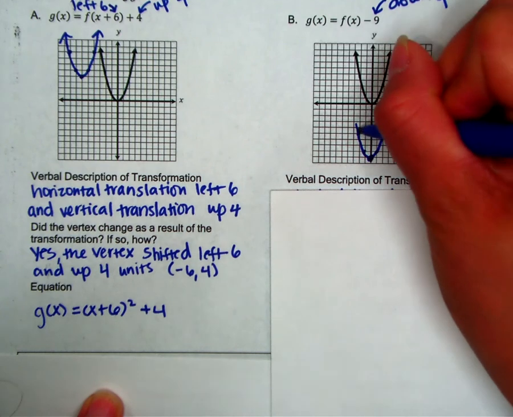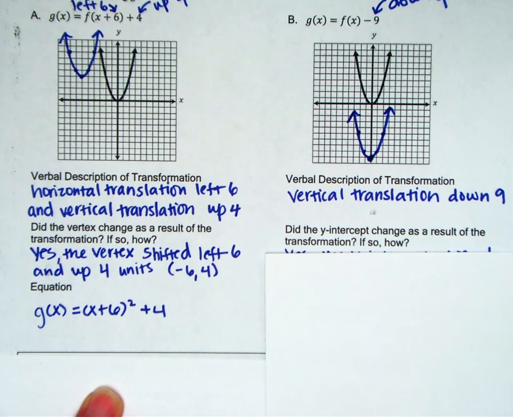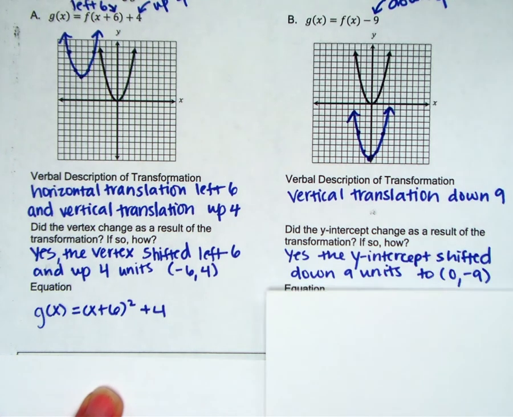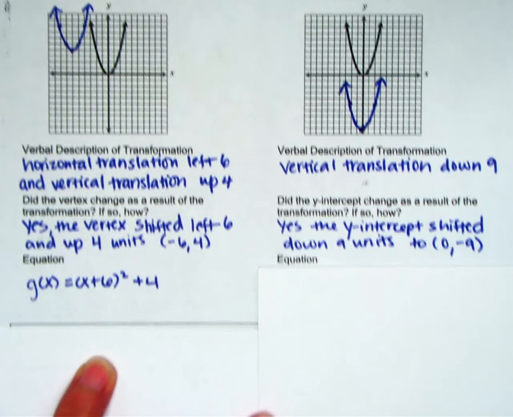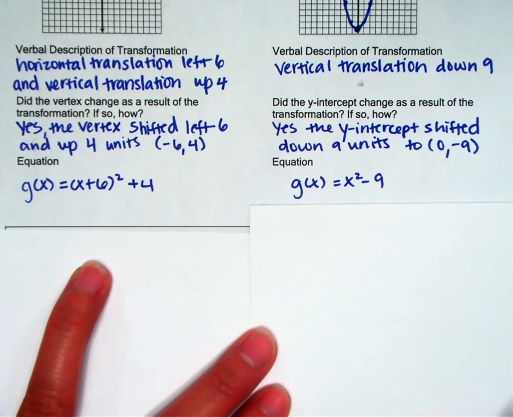This describes the transformation. So vertical translation down 9. The y-intercept, did the y-intercept change? Yes, the y-intercept has changed from 0, 0 to 0, -9. It shifted down. And my equation is g of x equals x squared minus 9.